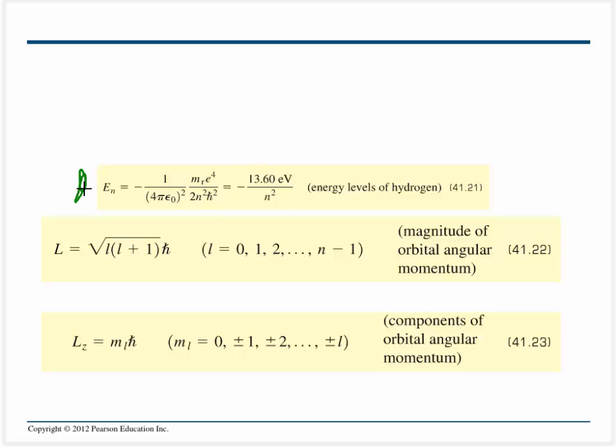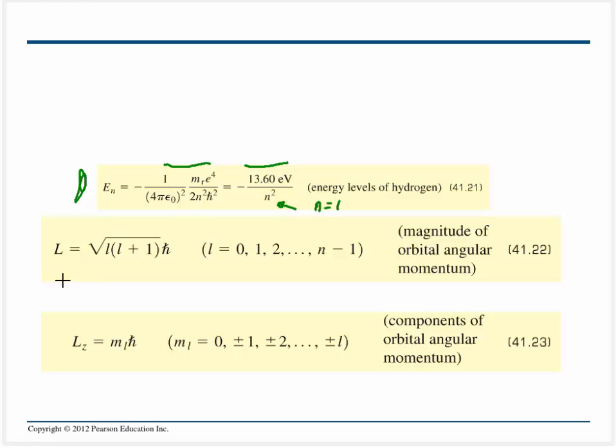And how much energy? That's equal to this nasty creature right over here, which works out to be negative 13.6 electron volts divided by n squared, where keep in mind that n is the principal quantum number, and I would argue the most important, and n equal to 1 is the lowest acceptable value.